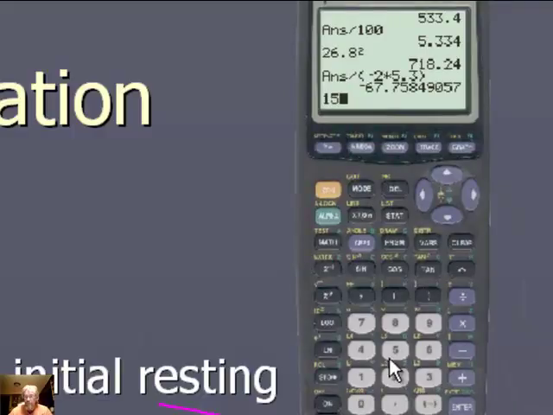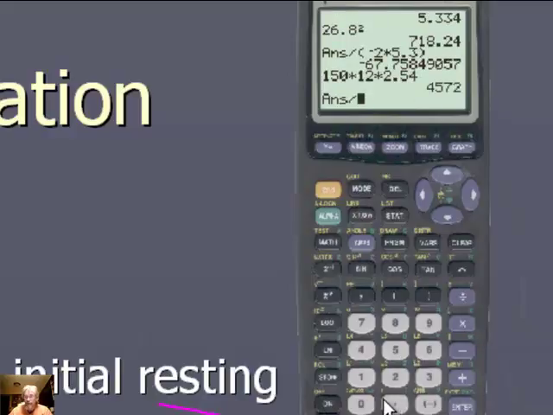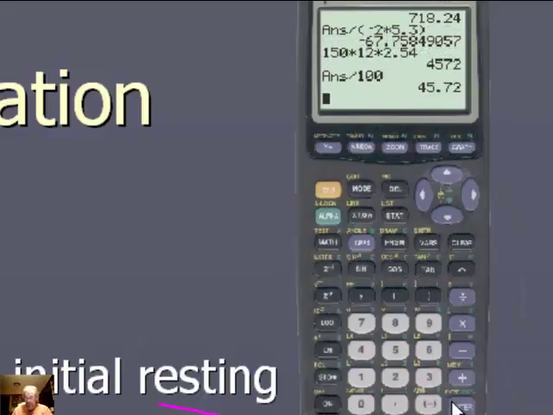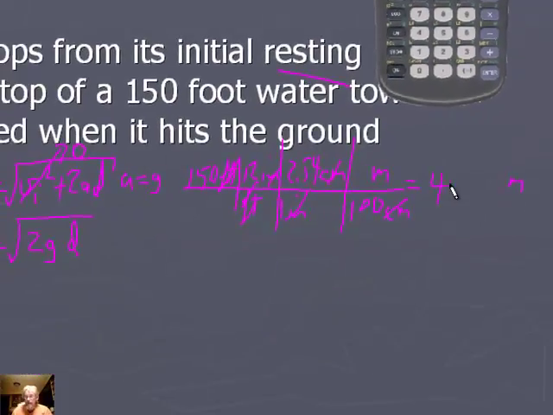Here I go, 150 times 12 times 2.54, and then I'm dividing that product by 100. So 150 feet is 45.7 meters.